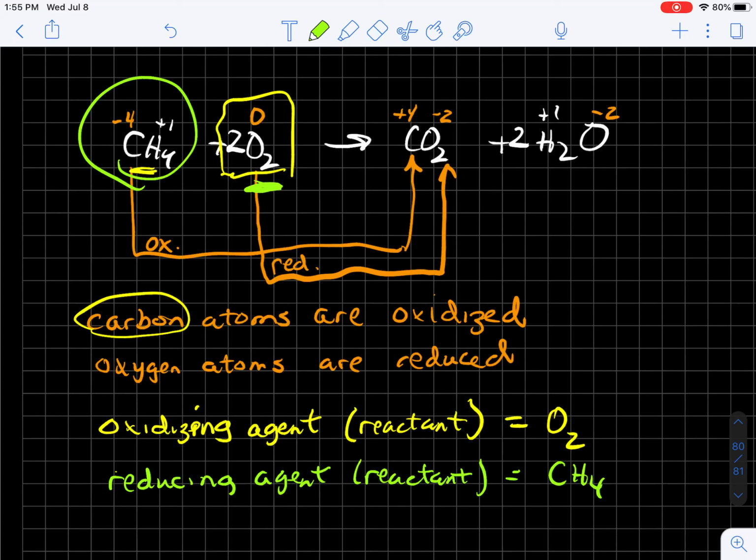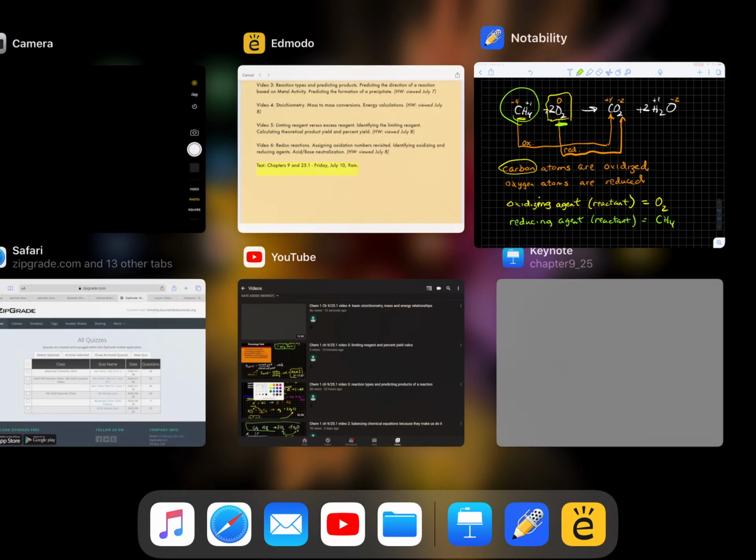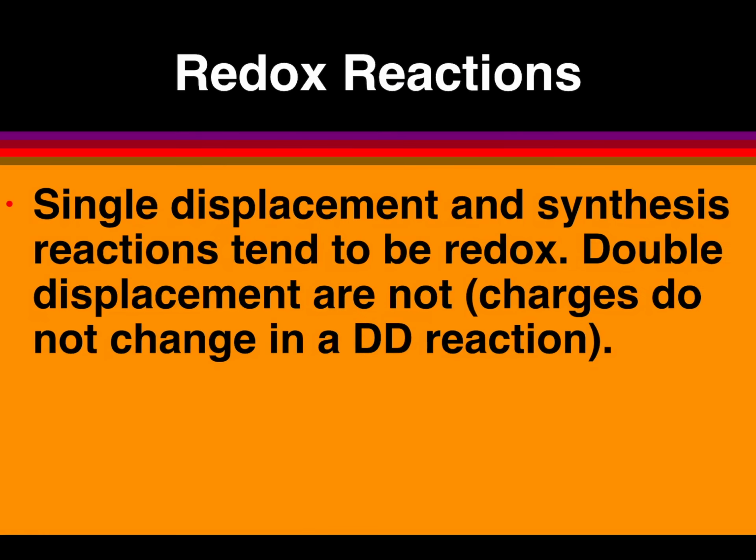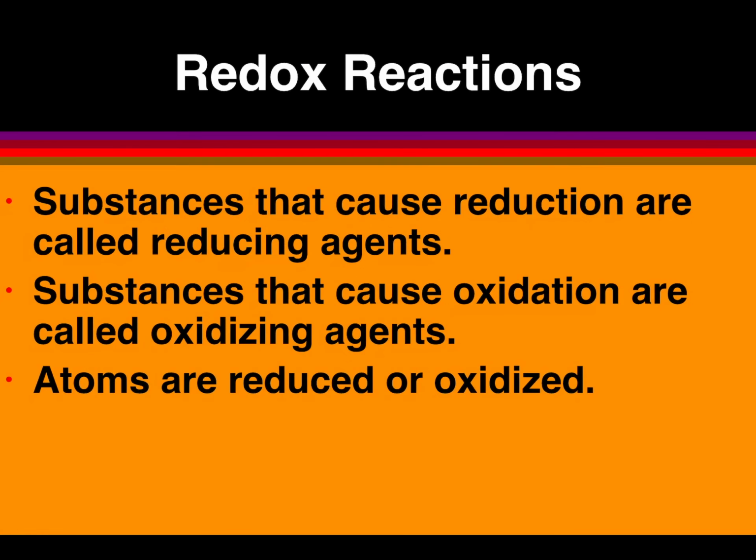So again, carbon gets oxidized, so the thing you added to that carbon compound, oxygen, is causing the oxidation. Oxygen atoms get reduced, so the thing you're adding to the oxygen, methane, is what's causing that. So we would say that that's the reducing agent. So again, atoms get oxidized or reduced.